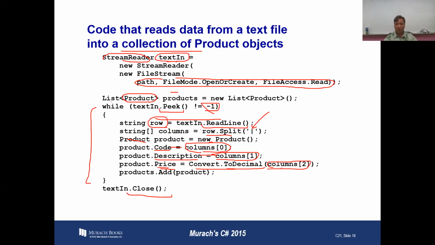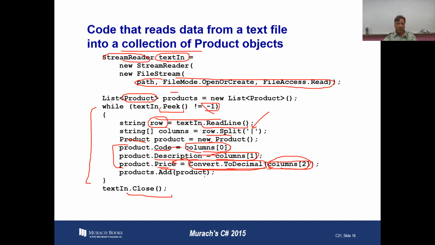This takes the string that looks like a decimal number, but is actually a string of characters, and converts it to an actual decimal number, which it then stores into this decimal property of this new product object, an instance of the product class.